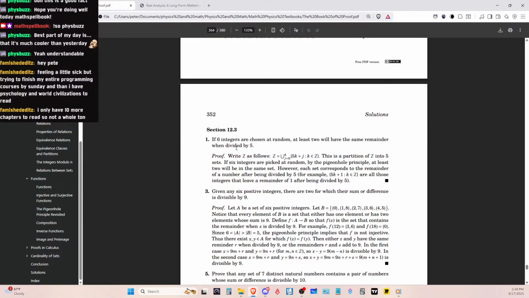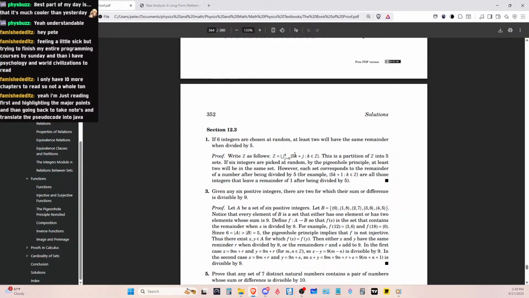Here we go. Can you write that right? Okay, so we did set up this part right. This is the partition into 5 sets. 6 integers are picked at random.